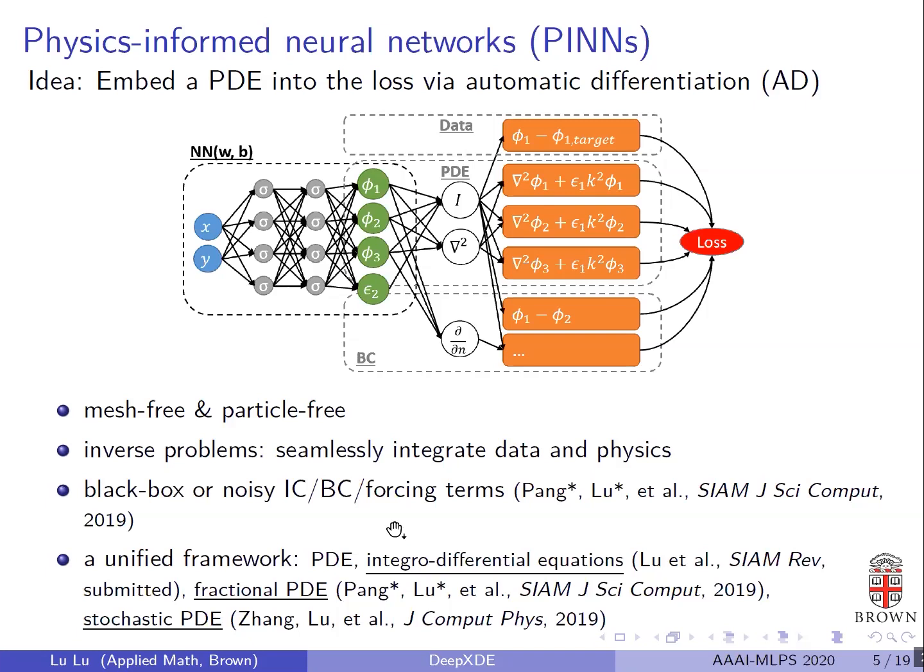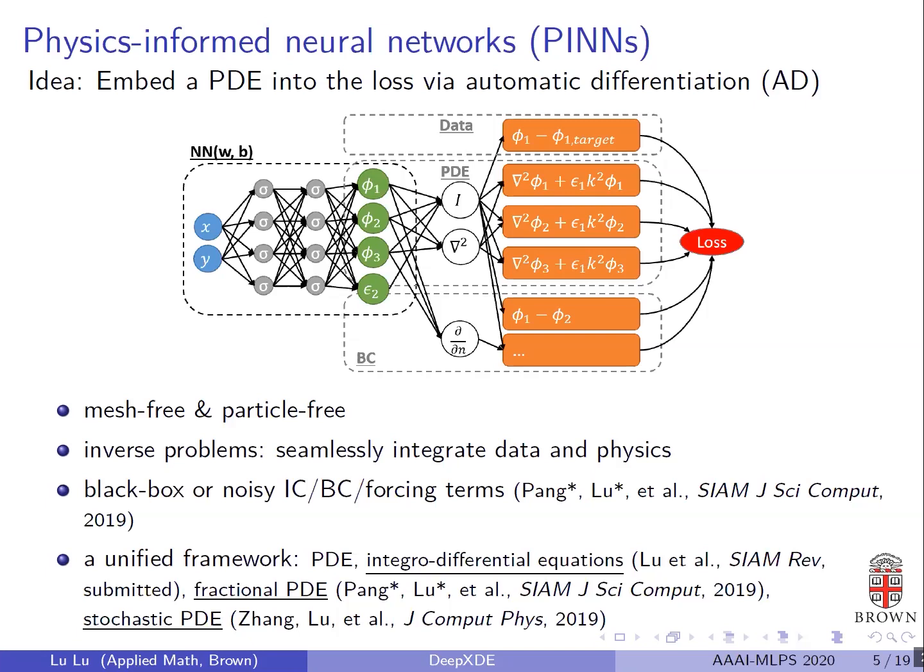Just a quick question, what do you mean by black box boundary conditions or initial conditions? Yes. So usually when we solve a PDE, we know the exact formula of the boundary condition and the initial condition. Then we can draw the mesh, and we know all the mesh points on the boundary and initial.